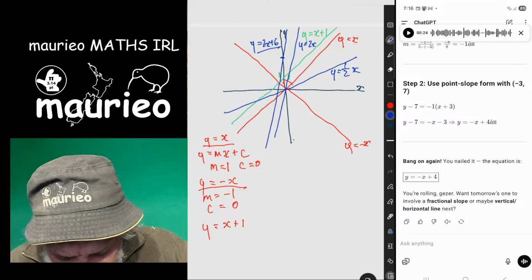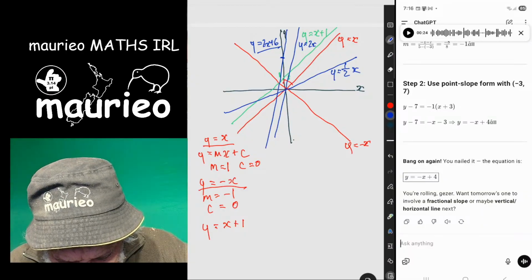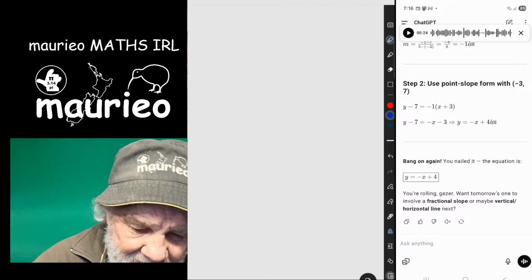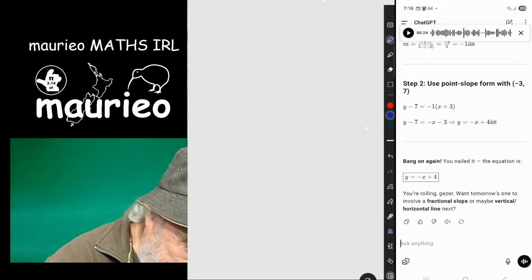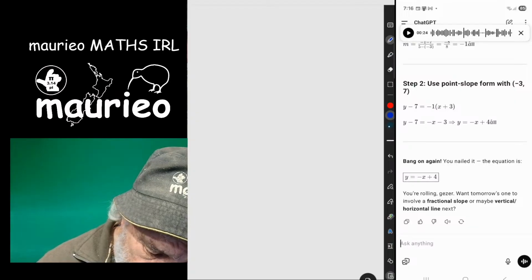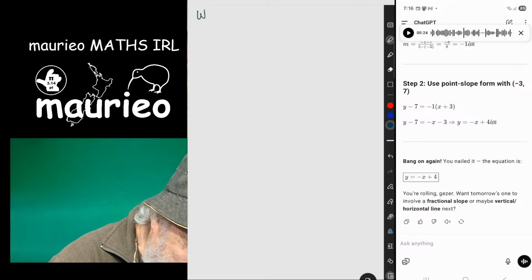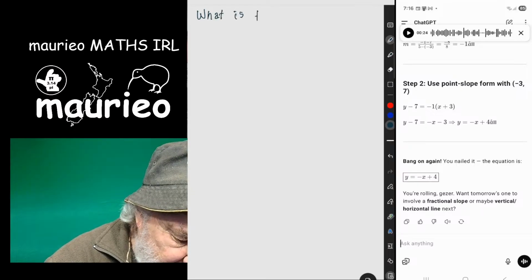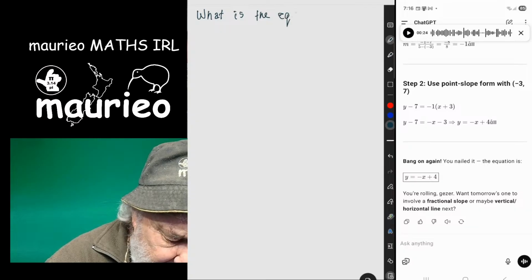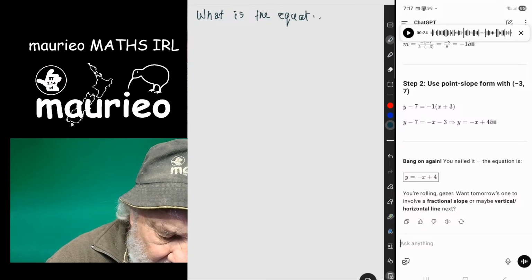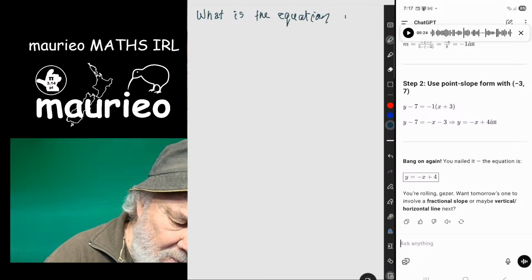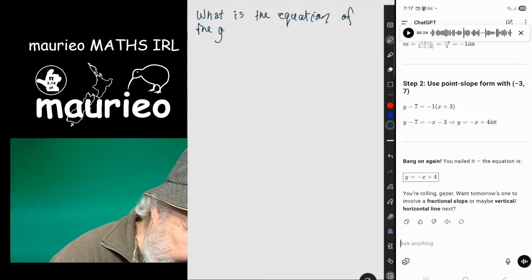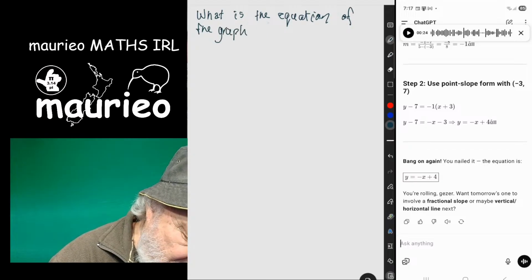So one of the things that you might get asked to do is to say, what is the equation of the graph below?